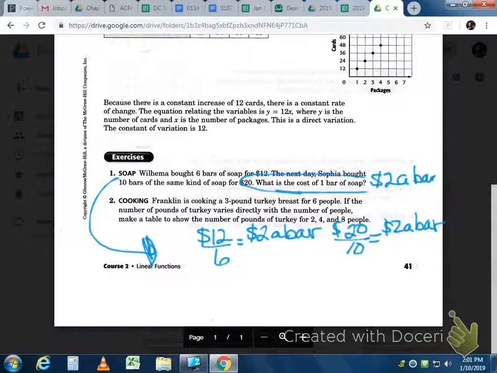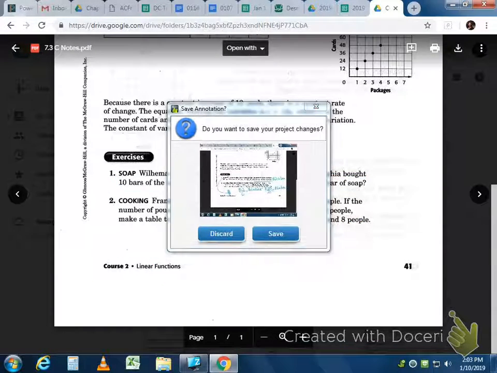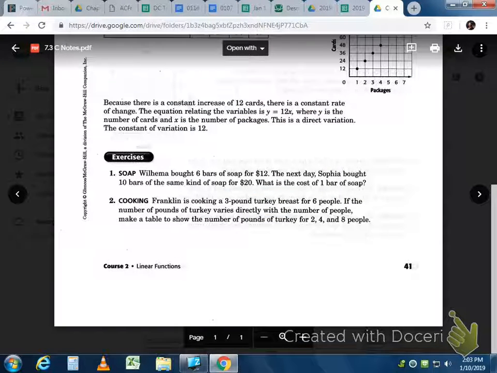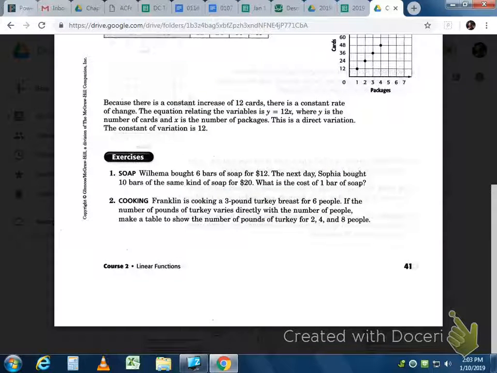Look at example 2. It says Franklin is cooking a 3-pound turkey breast for 6 people. If the number of pounds of turkey varies directly with the number of people, make a table to show the number of pounds of turkey for 2, 4, and 8 people. So let's do this.